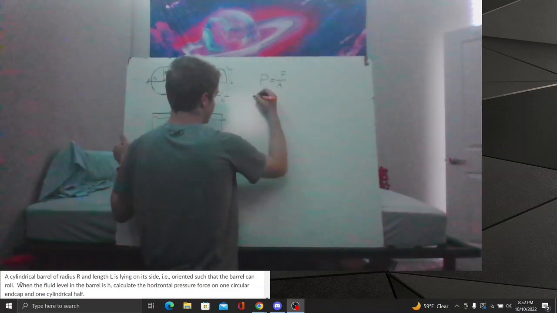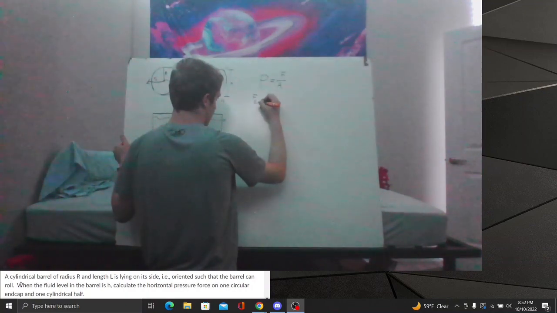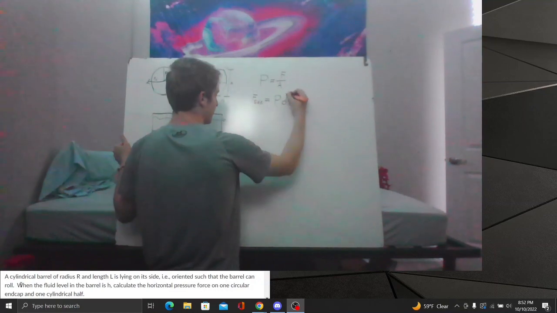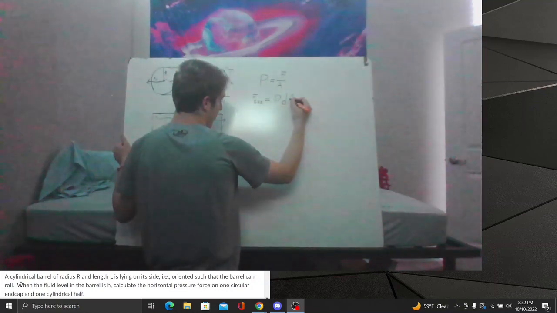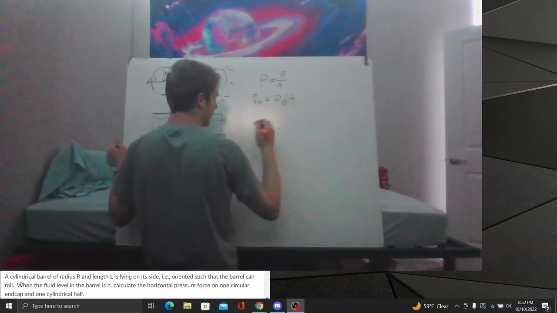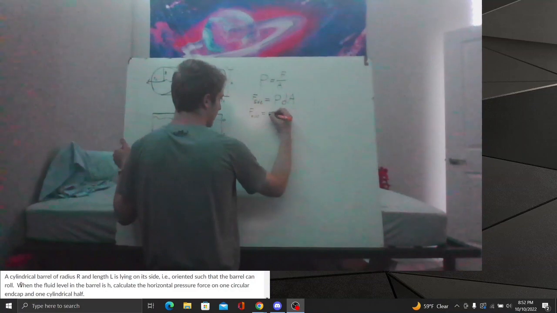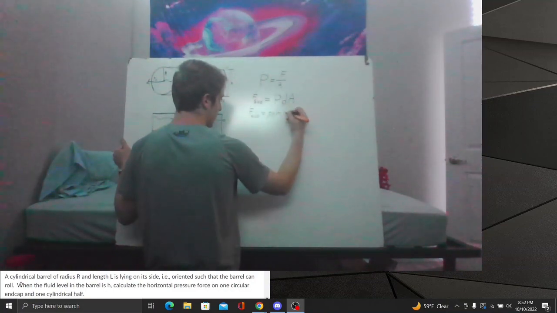So then that means that the force on one side is equal to pressure times the differential of the area, and then we can substitute in for our pressure, our basic equation for pressure of a fluid, which is rho g h.